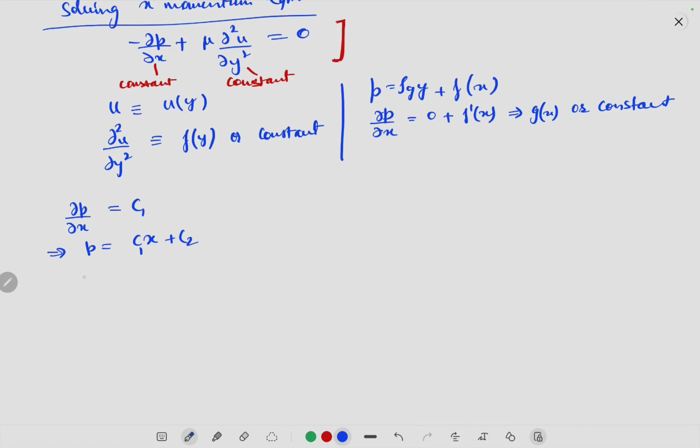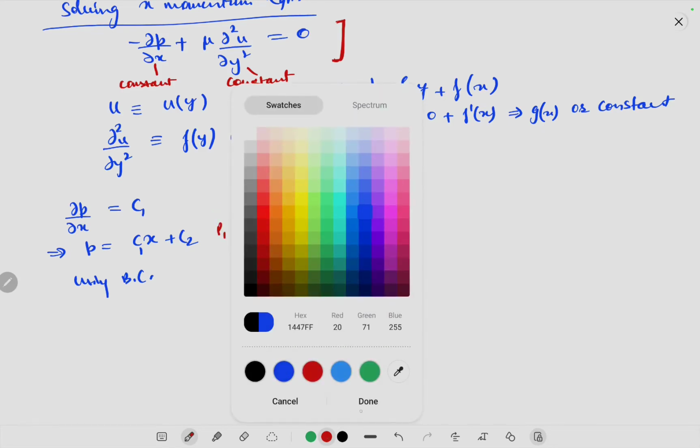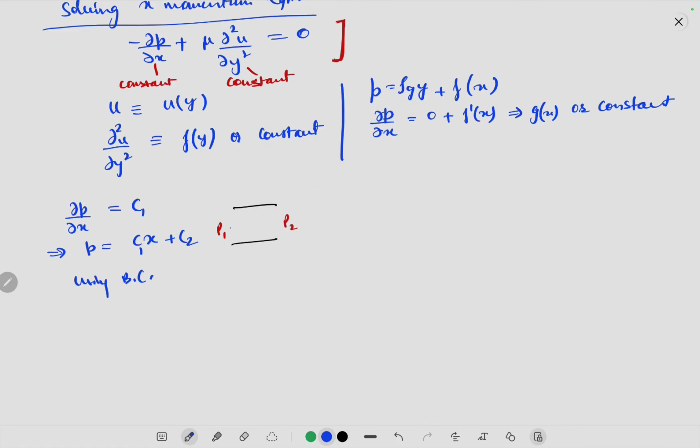Now how can I get c1 and c2? Using boundary conditions. So what was my boundary condition? These were my plates. At one end I had pressure P1, at the other end I had pressure P2. This was my coordinate axis, x and y.